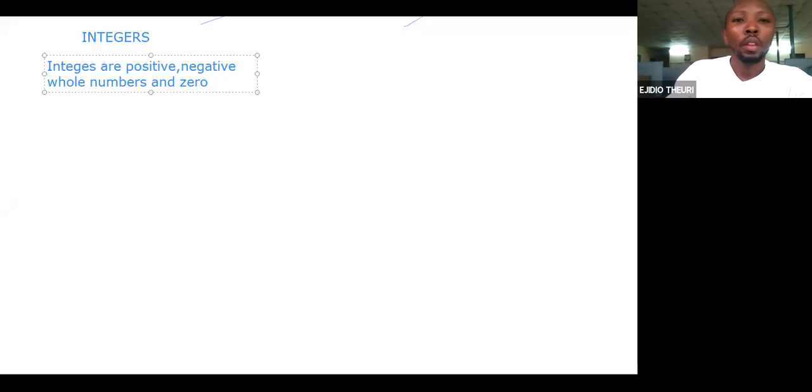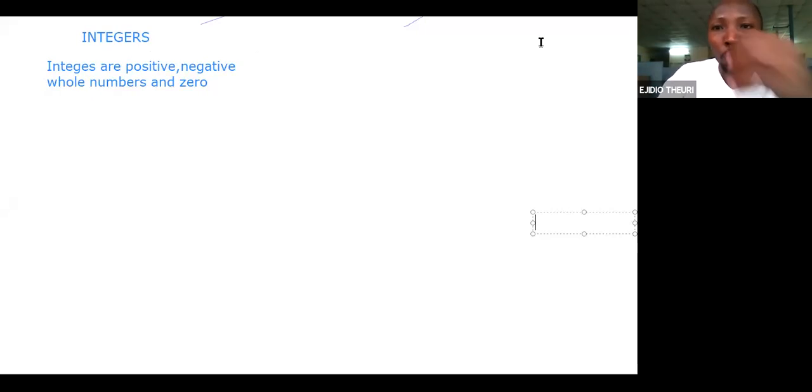So the key point here is whole numbers. You must ensure that you include the name whole numbers. They are supposed to be whole numbers. So integers should be positive, negative, whole numbers, and zero. So you should have either positive whole numbers, negative whole numbers, and zero.